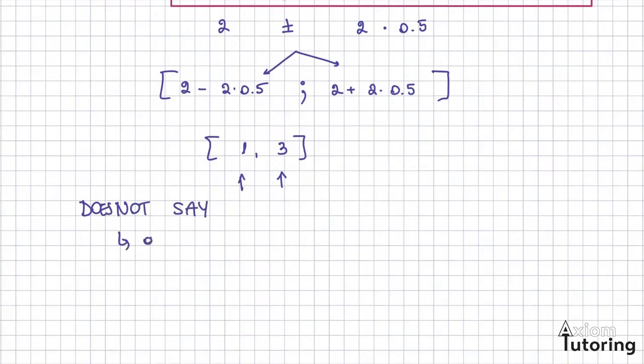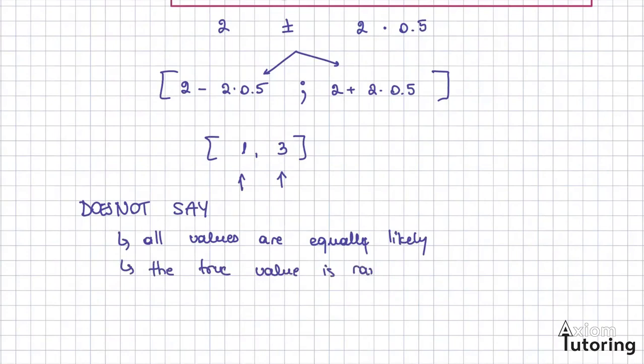And it does not say the true value is random. The uncertainty comes from the data, not the parameter.